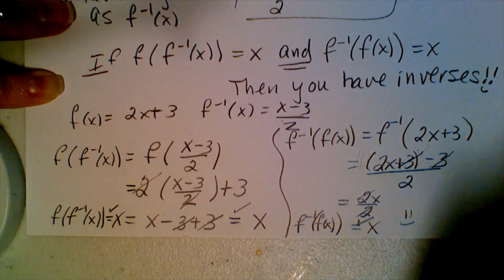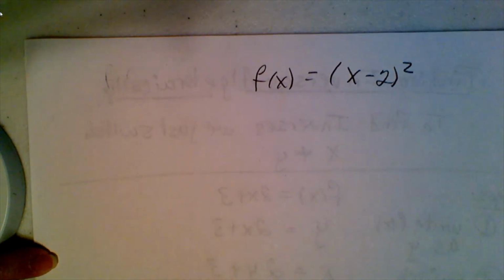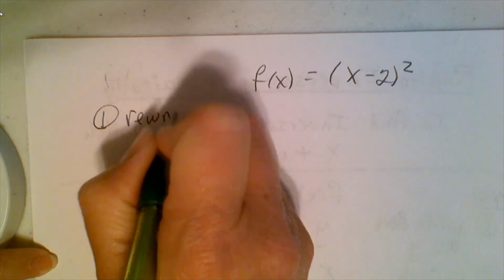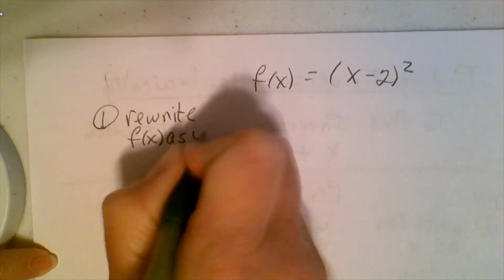So we're going to look at a second example. What happens when I have a situation that looks like this? I want to leave space for the steps because I'm going to rewrite the steps one more time, because you need to be able to remember the steps. If f of x is equal to x minus 2 squared, step 1, rewrite f of x as y.